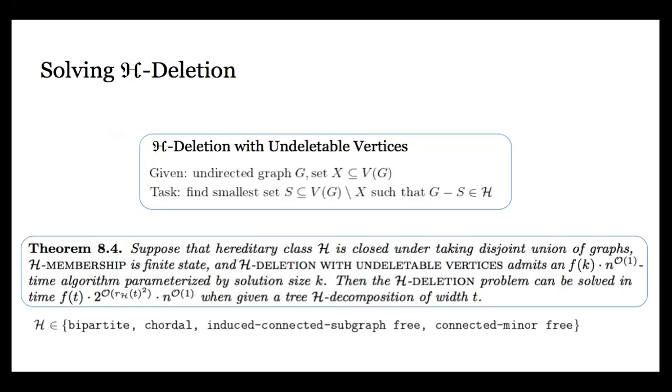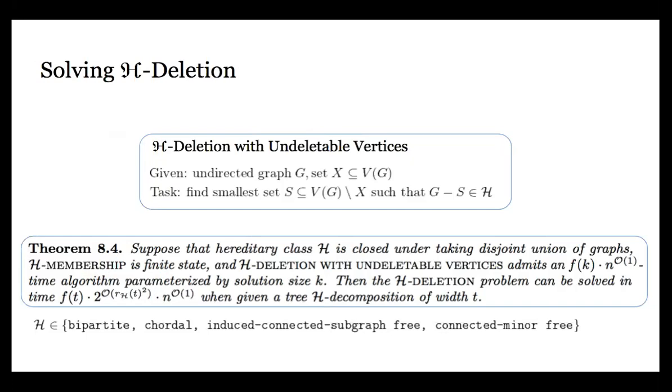And for example, classes that satisfy these preconditions are bipartite graphs, chordal graphs, graphs given by a finite family of forbidden induced connected subgraphs, or by a finite family of forbidden connected minors.